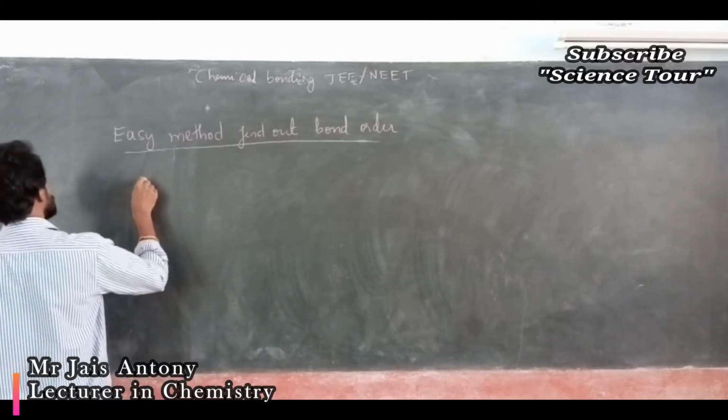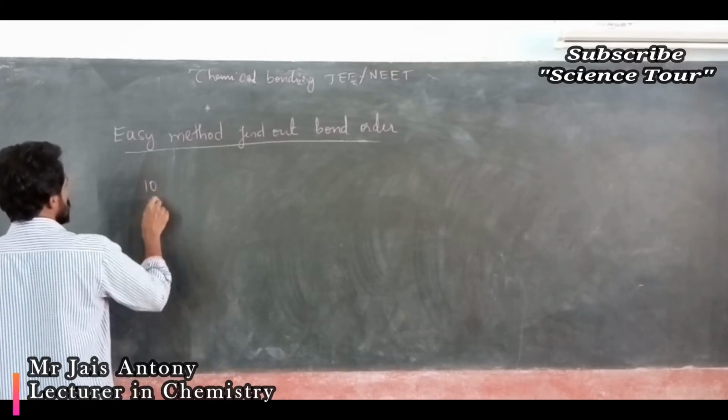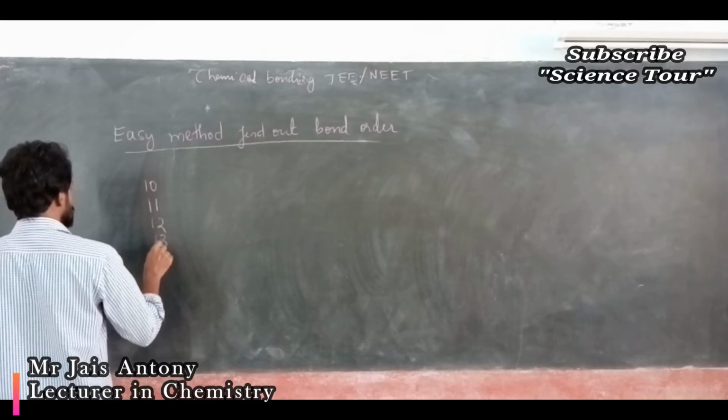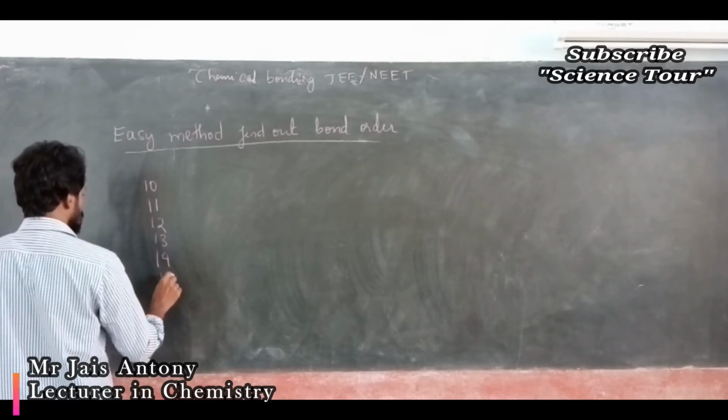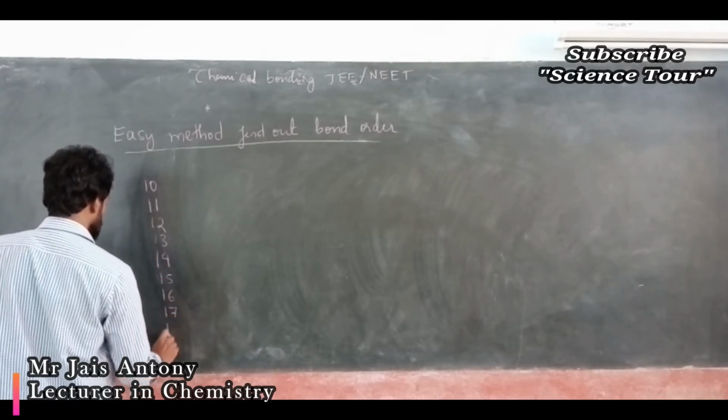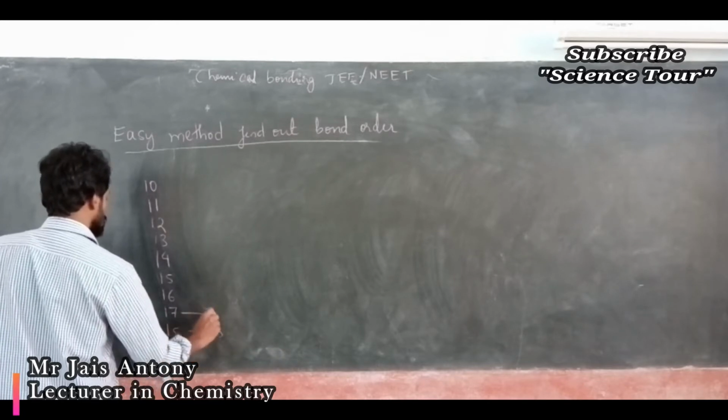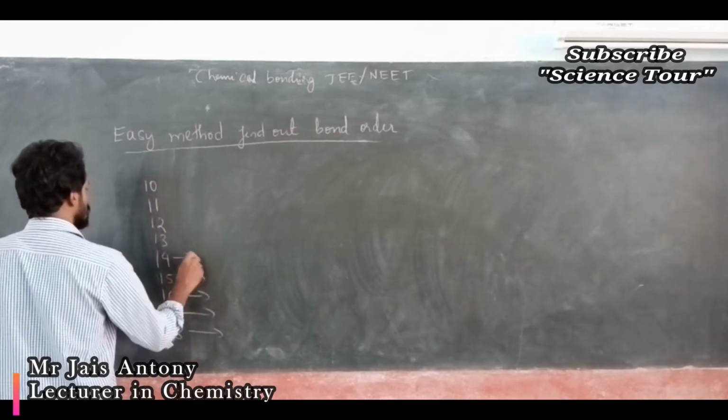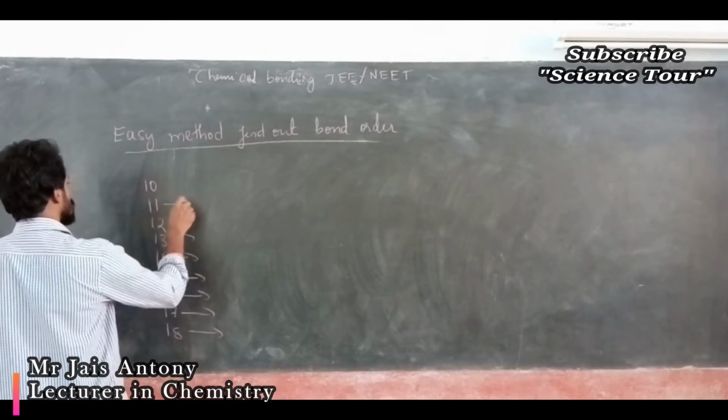So my dear students, if a species contains 10 electrons, 11, 12, 13, 14, 15, 16, 17, or 18 electrons, it is very easy to find out the bond order.